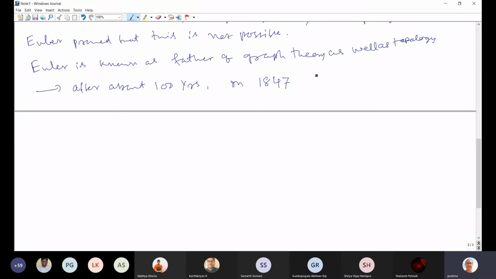You know what a tree is, but in graph theoretical language we'll define it again. G. R. Kirchhoff, the same Kirchhoff you have come across in physics, developed this class of graphs called trees.